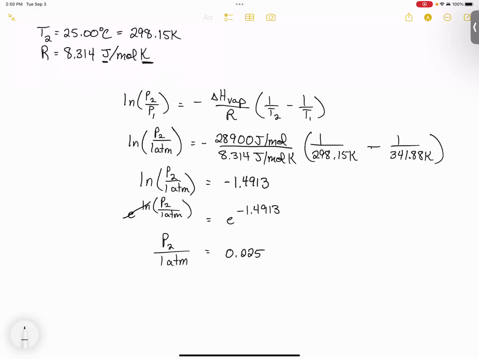Now that makes it a much easier problem. Multiplying both sides through by 1 atmosphere gives you a P2 of 0.225 atmospheres. Questions?